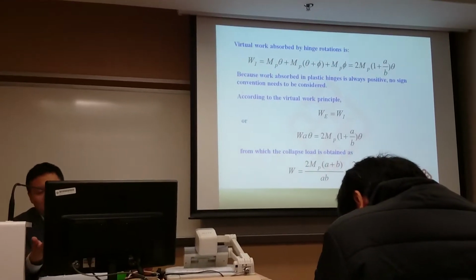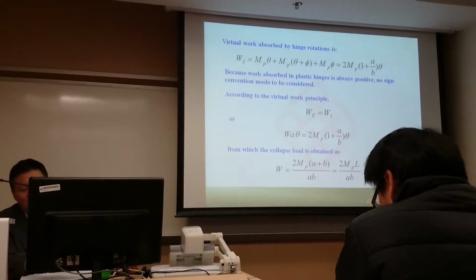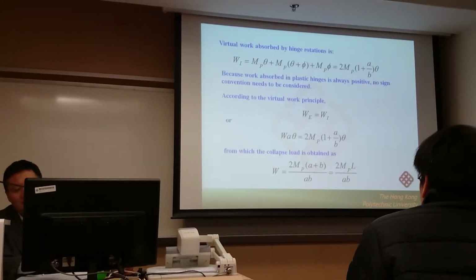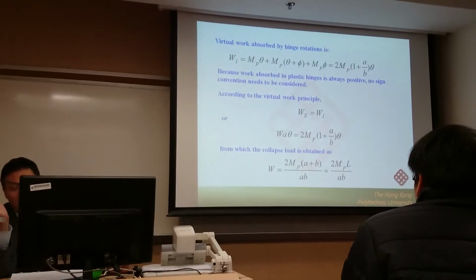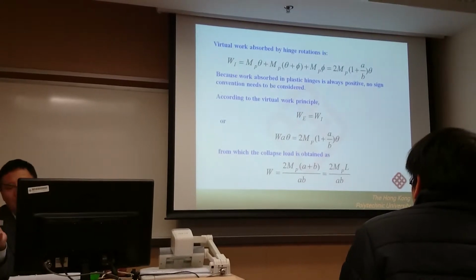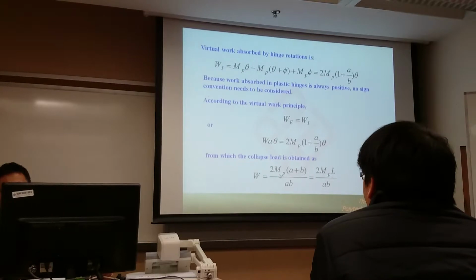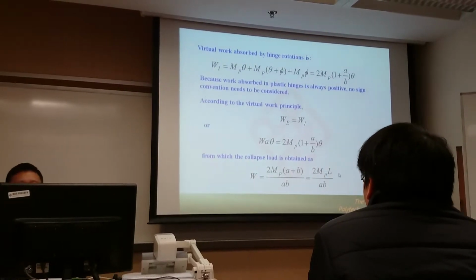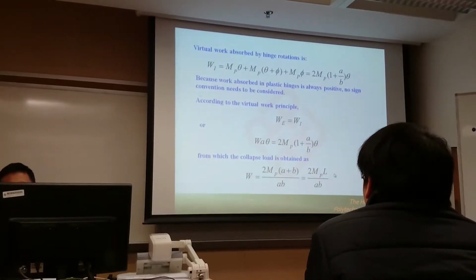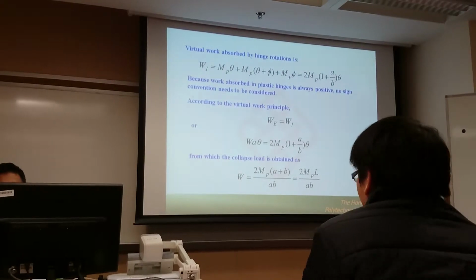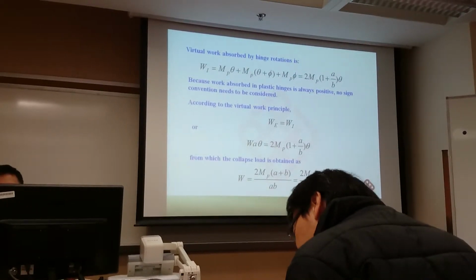If you obtain the result for the collapse force as a function of rotation or deflection, that means your solution is incorrect. So this is a solution based on the energy method.